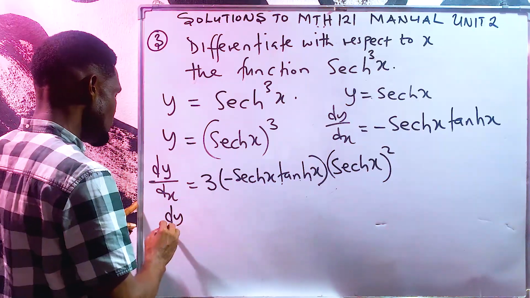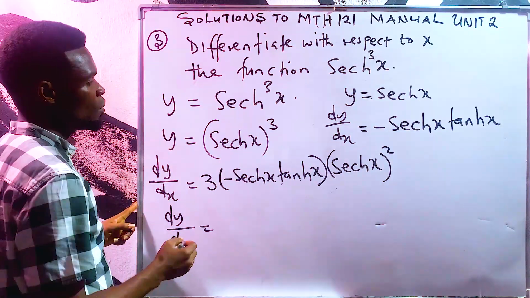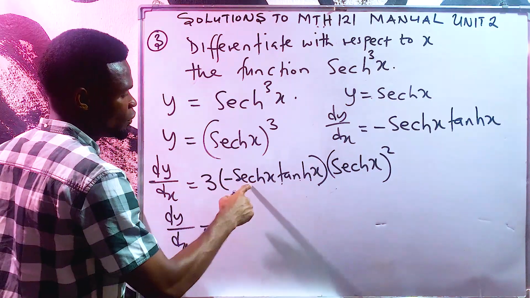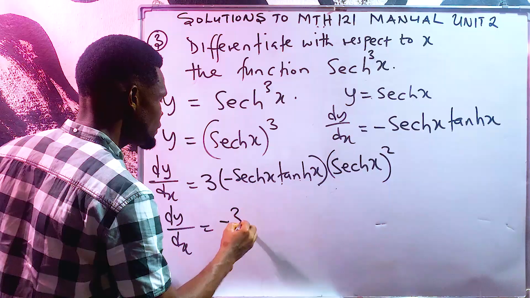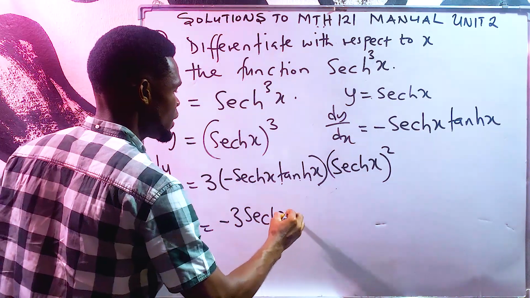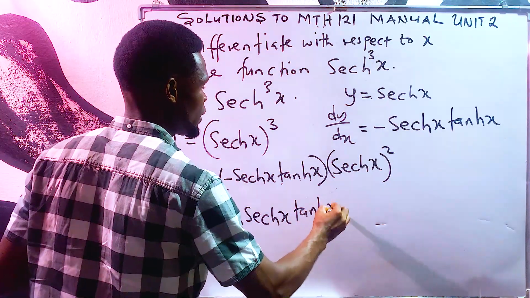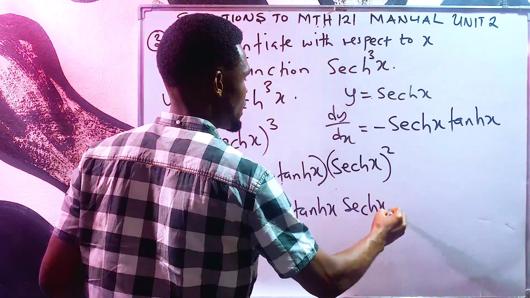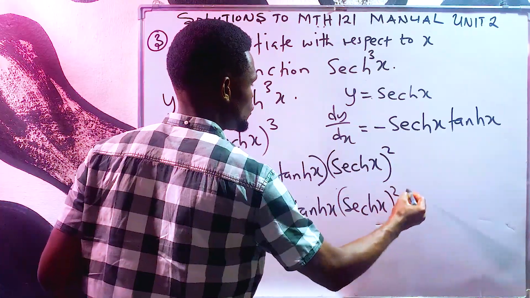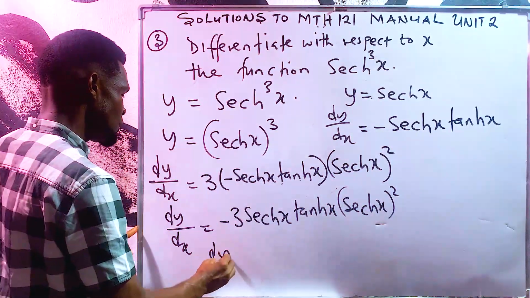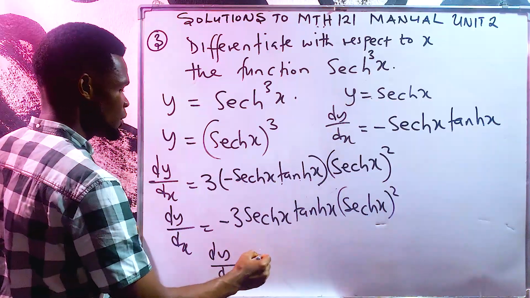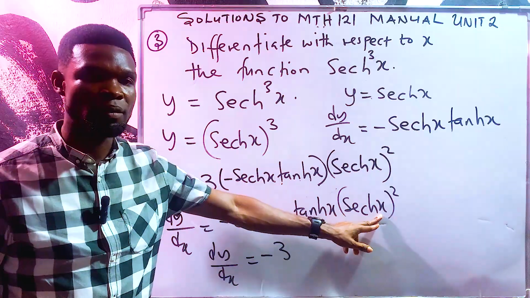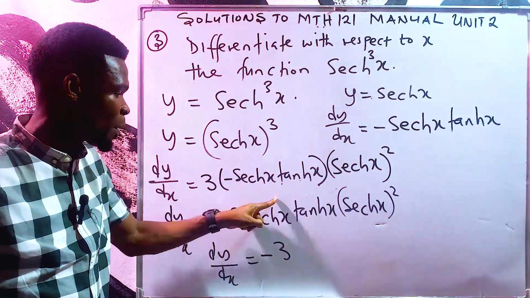So that means that dy dx is equals to, multiply everything. So this is 3 times sec x tan x, and then times sec x raised to the power of 2. So that means that dy over dx is equals to 3. Now I can see sec x, I can see sec x. But this sec x is power 1.